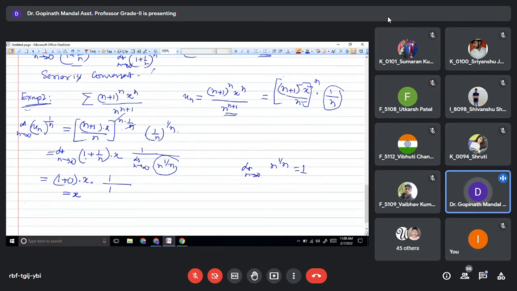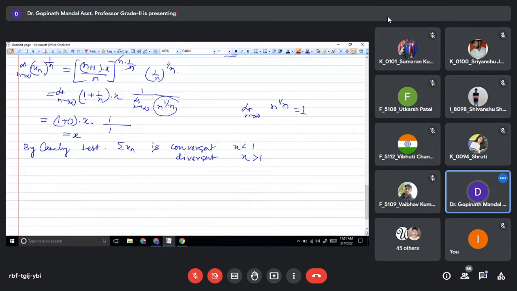Now by Cauchy's root test, the series un is convergent if x is less than 1, and divergent if x is greater than 1.